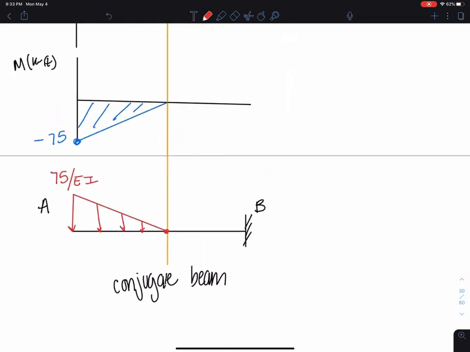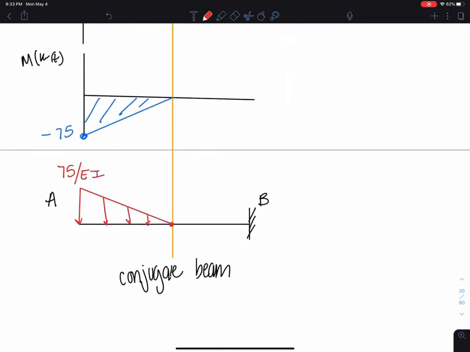And now all I have to do is analyze this. So here, this is the conjugate beam. So V of the conjugate beam is equal to the rotation of the real beam.